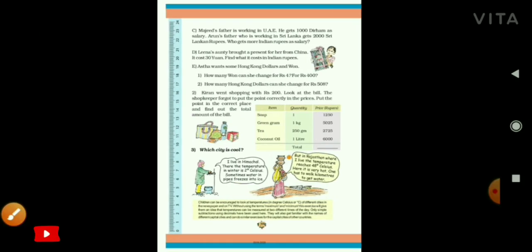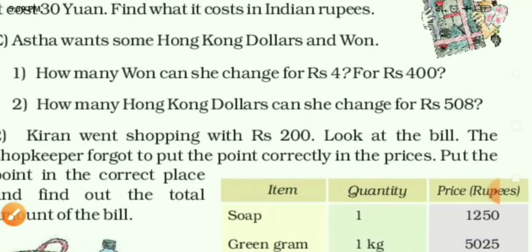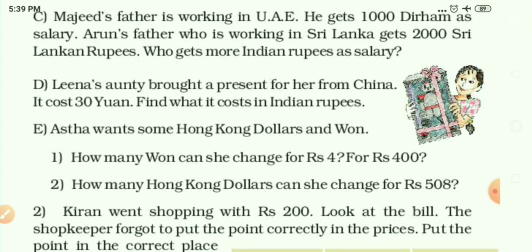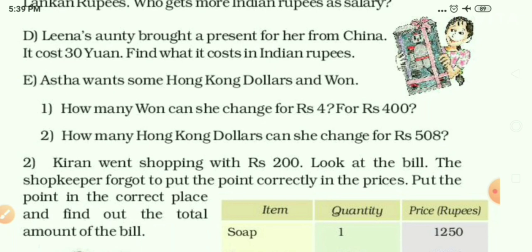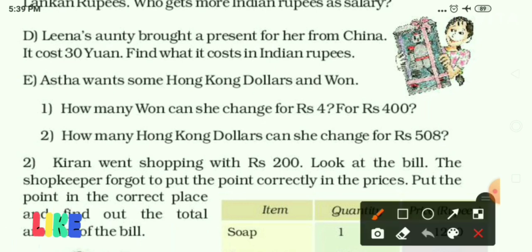Now come to the next question. Question number D. Lina's aunt brought a present for her from China. So what is the currency of China? Can anyone tell me? Yes, it is yuan.